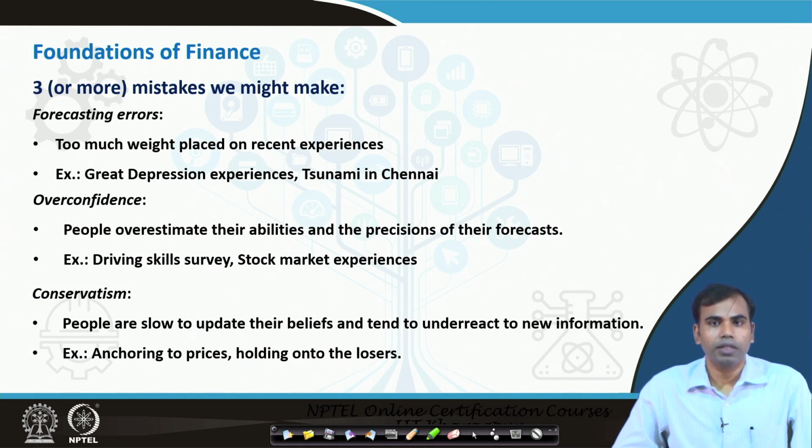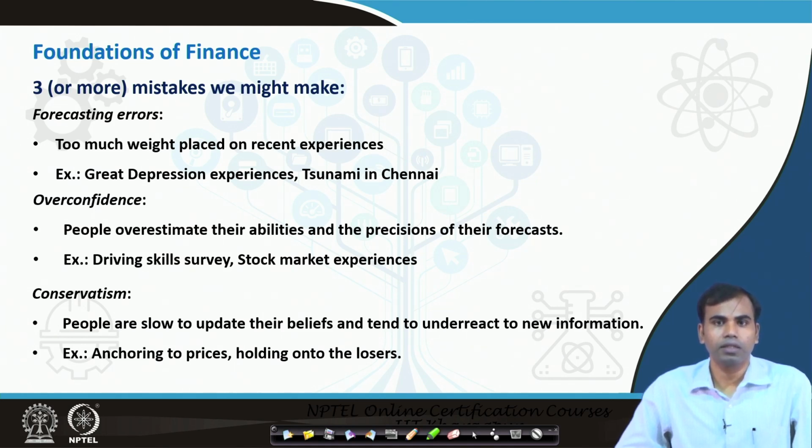The last systematic error that we will discuss here is the tendency of conservatism. The tendency of conservatism explains that people are very slow to update their beliefs and they do not want to change them.